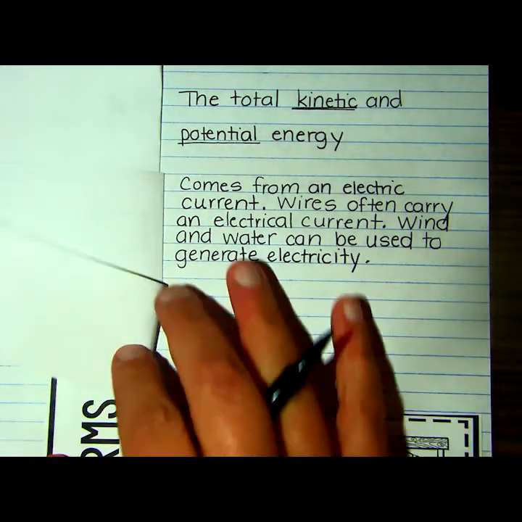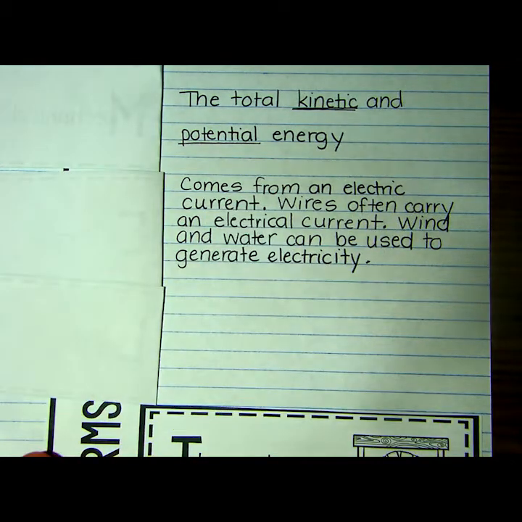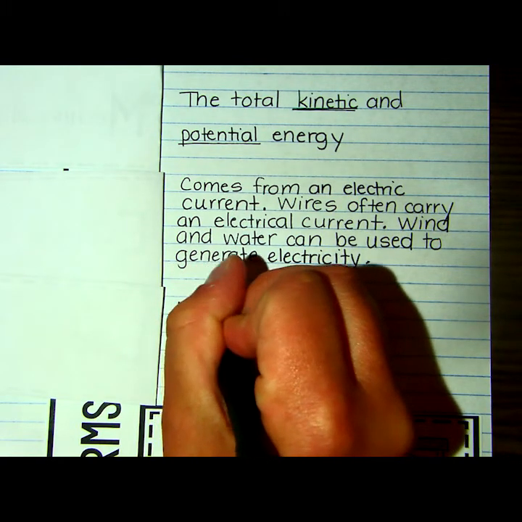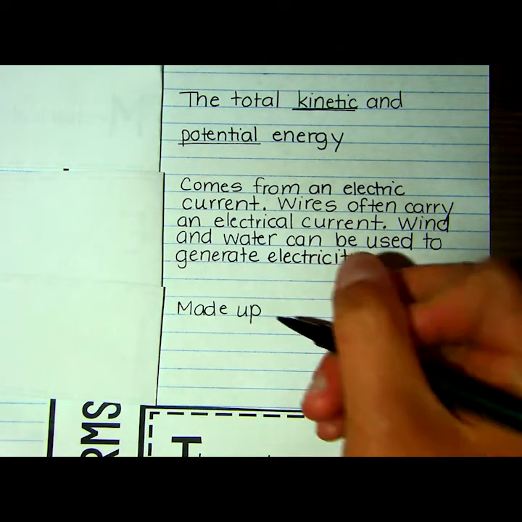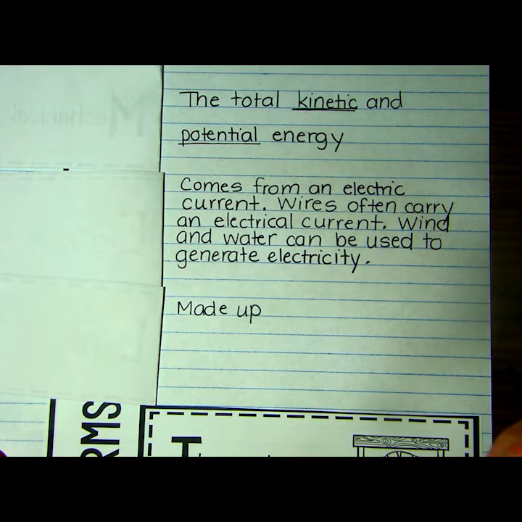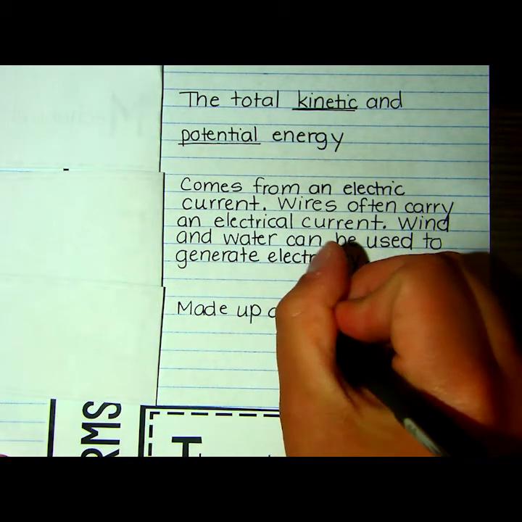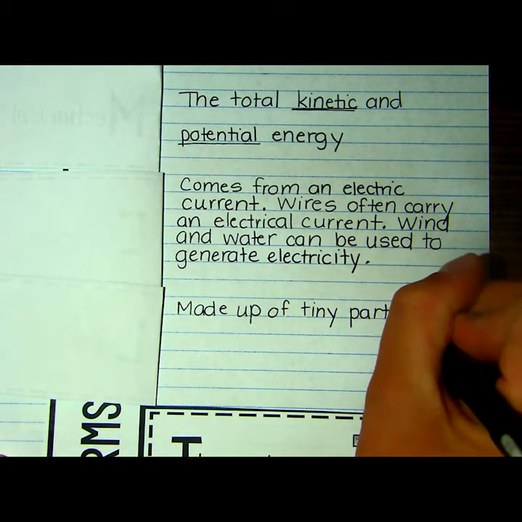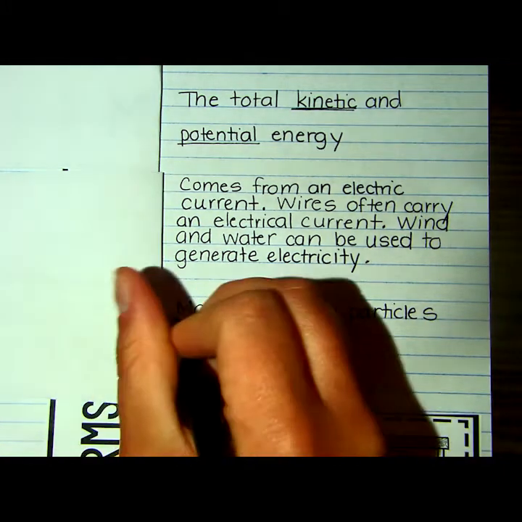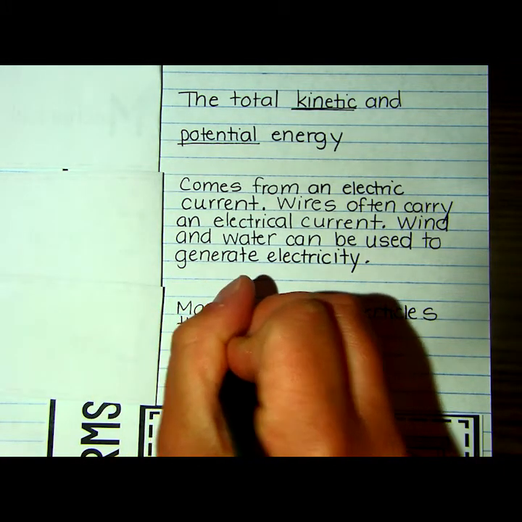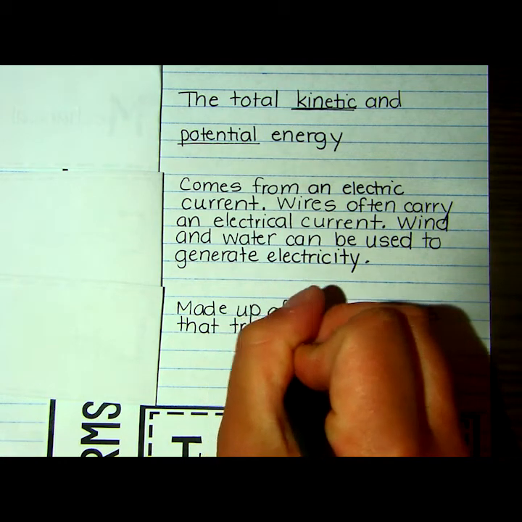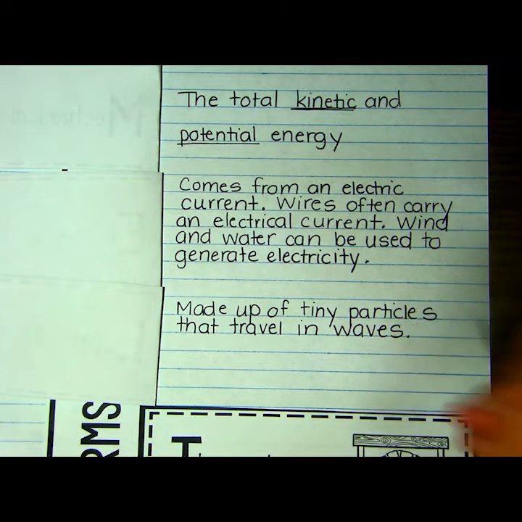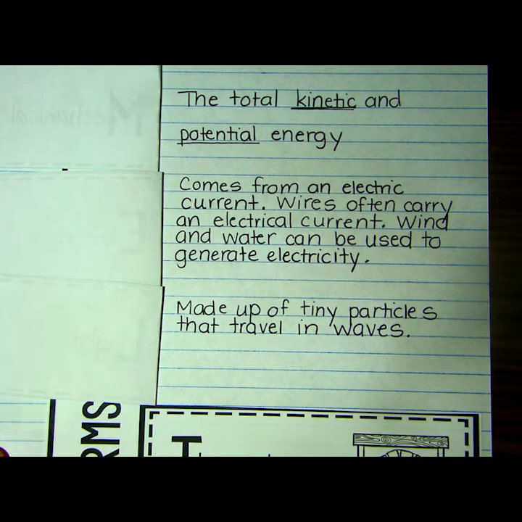So light energy, a couple things that we want to know about light energy is that light is made up of tiny particles that travel in waves.